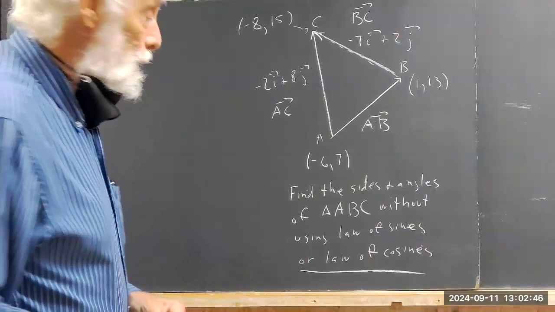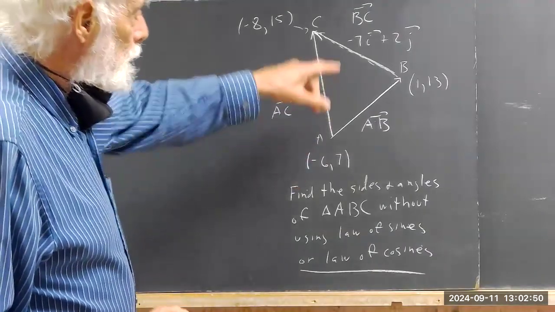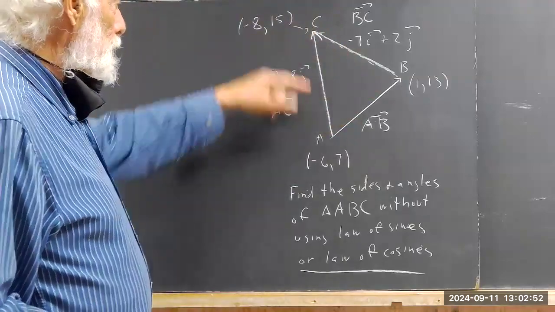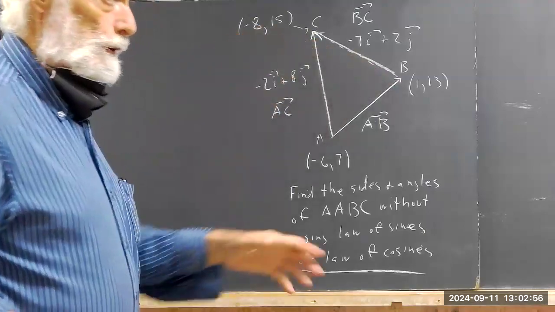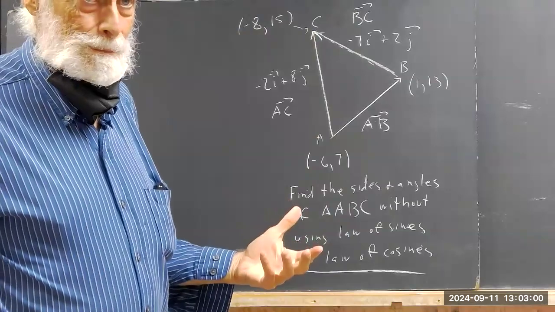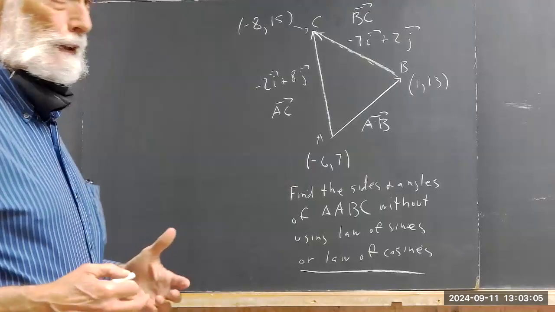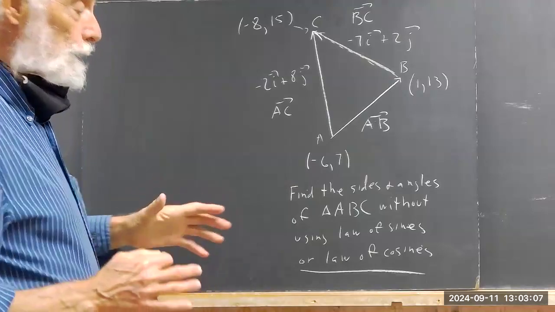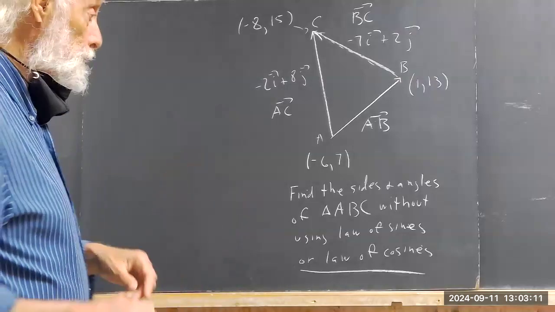Your drawings are not always going to look like they should, but generally you'd want to make the drawing a little more representative, with a smaller angle here, so that you have an intuitive idea of what these angles might be. A good sketch is a good idea, but if your operations are correct, even if you got a bad sketch, you're going to get the right angles and the right results.